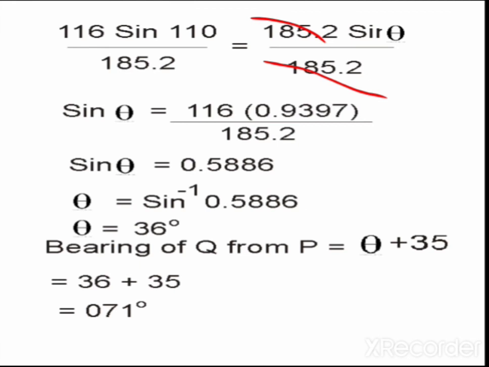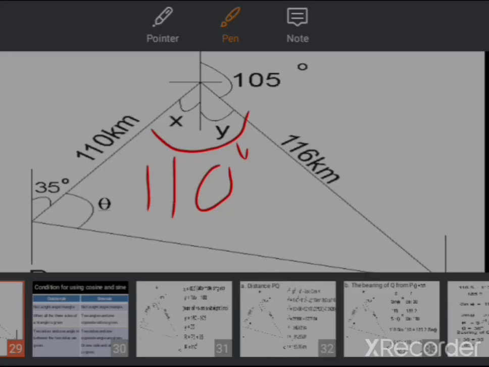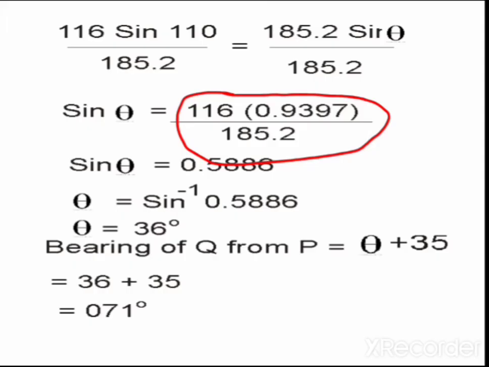So what we want to do now at this point is to punch everything directly into your calculator. 116 times 0.9397 divided by 185.2. When you punch everything into your calculator, what you will have is 0.5886. So what we are looking for is not sin theta, what we are looking for is theta.